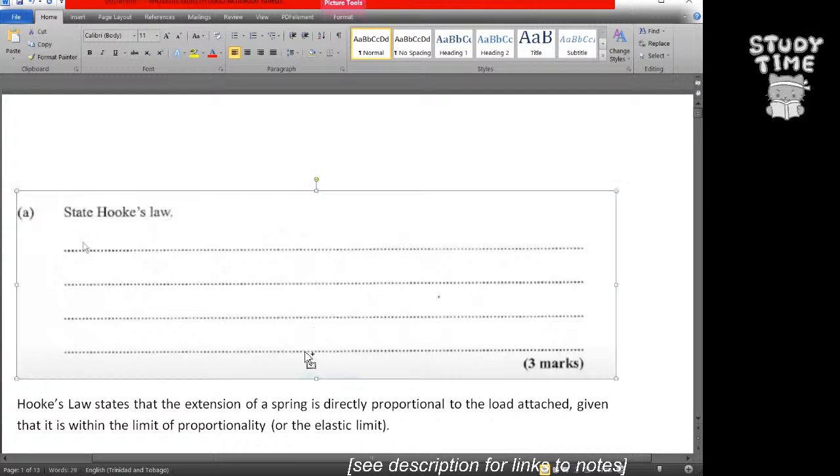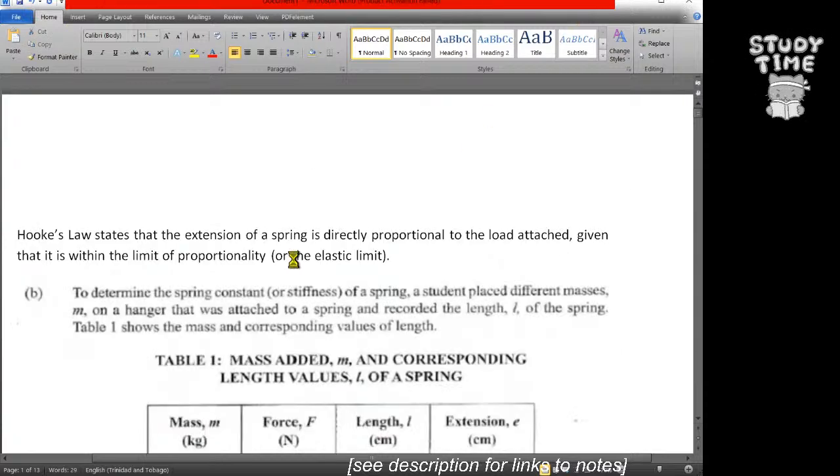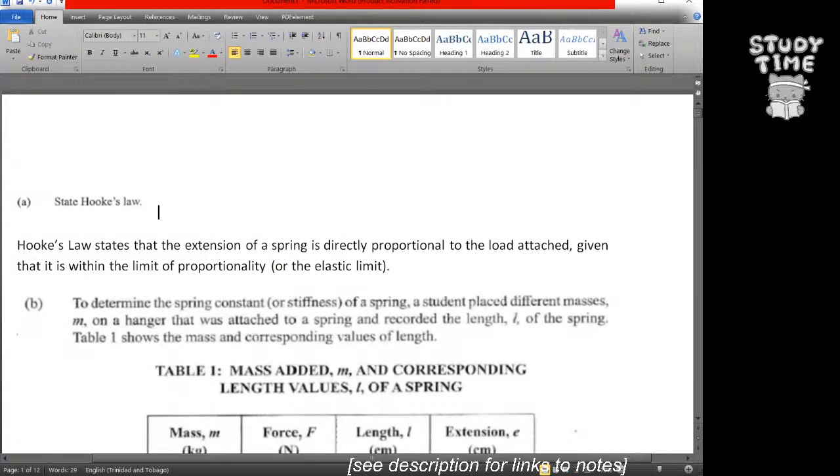That one ain't too bad. So that is 3 marks. The 3 marks is you have to state either force or load, and you need to say extension, not length, and the last mark is for within the limit of proportionality.